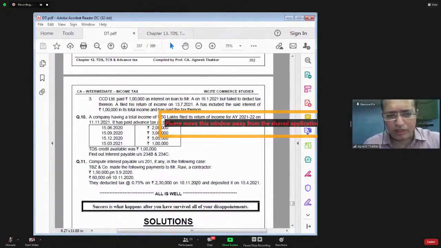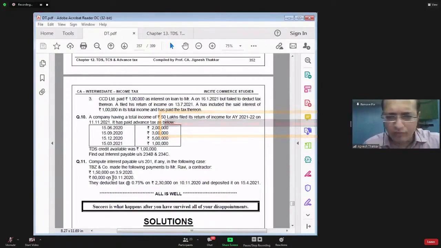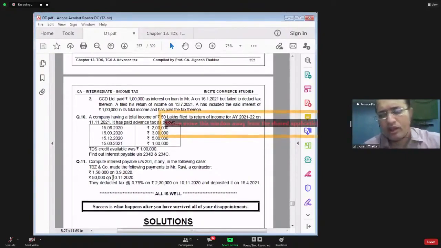So you have to calculate interest for late payment in question number 11. From which date to which date? From the date on which TDS is deducted. Sarvana, not 7 December, 10 November. I already explained you now. You have to levy interest for the number of months for which government's money was lying with the payer.